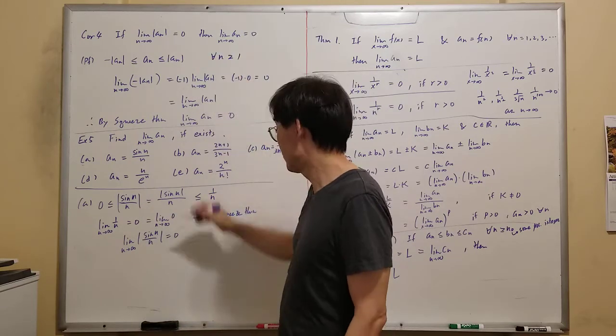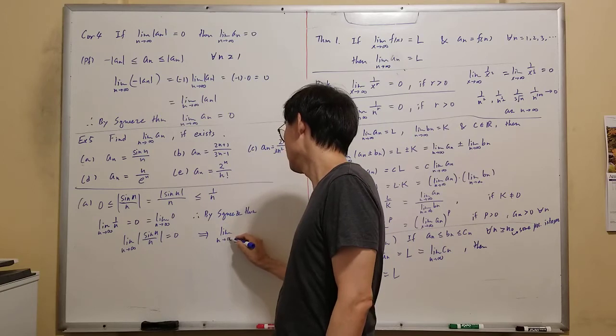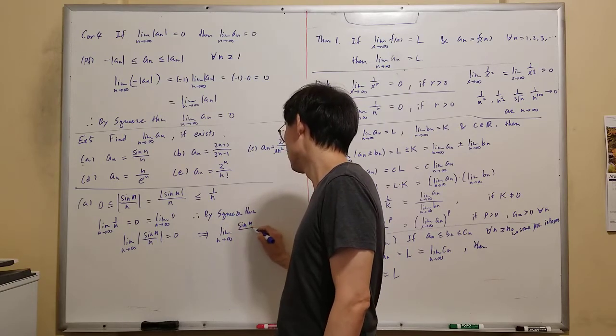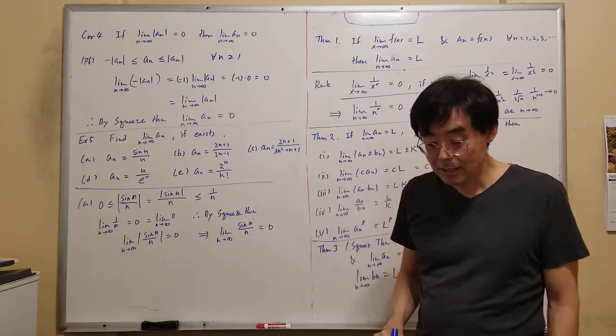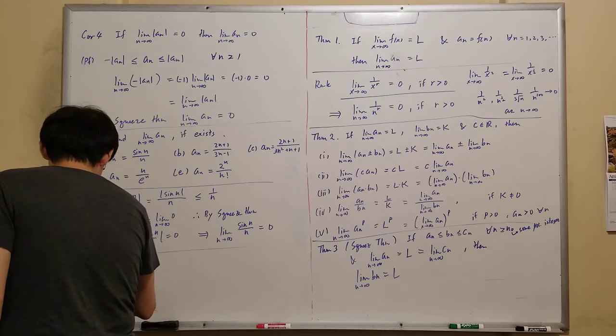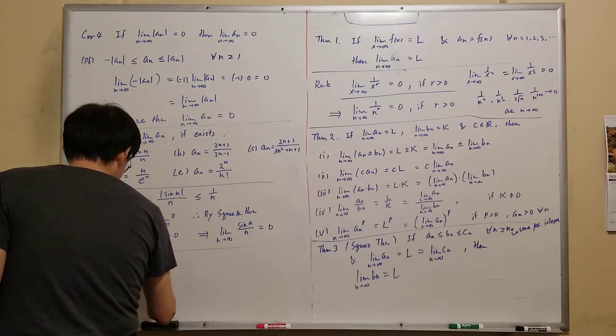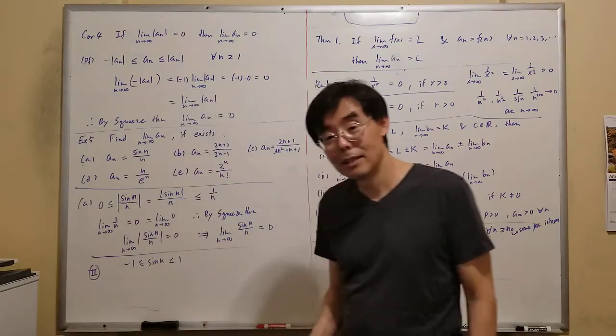Now, from this, from that corollary, the limit of sine n over n equals 0. Okay? Now, you could have done it this way, actually. Sine of n is between -1 and 1.